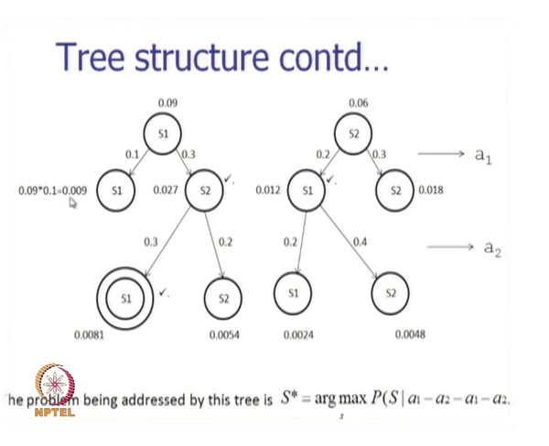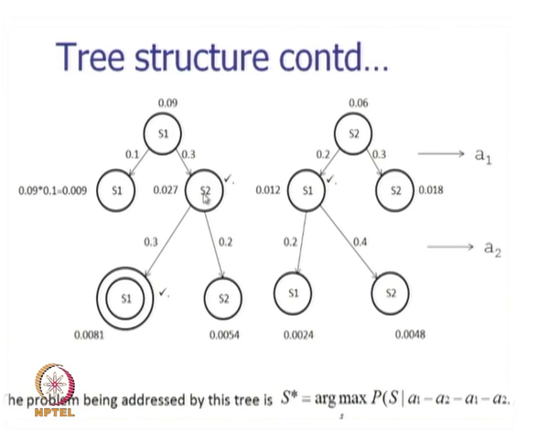The new accumulated probabilities are 0.009, 0.027, 0.012 and 0.018, which is the product of the previous accumulated probability and the transition probability. Now, we look at the sequences ending in the same state. The sequence ending in S1 here has higher probability than the sequence ending in S1 here. Therefore, we retain this node and discard this node.